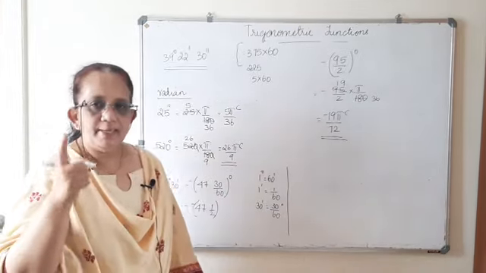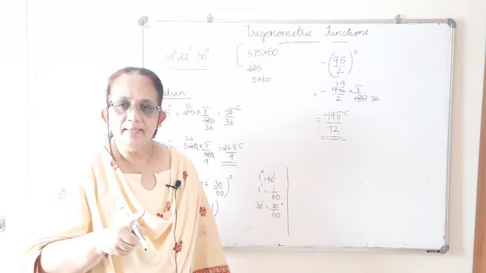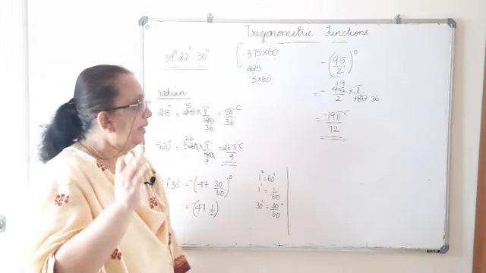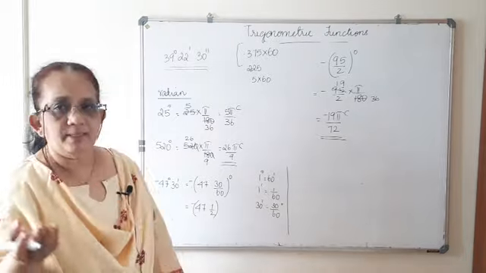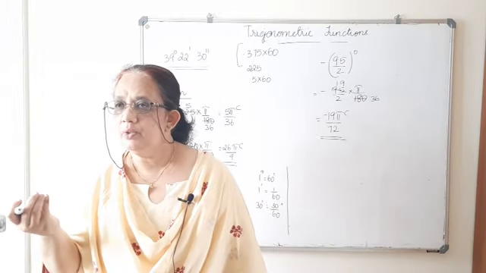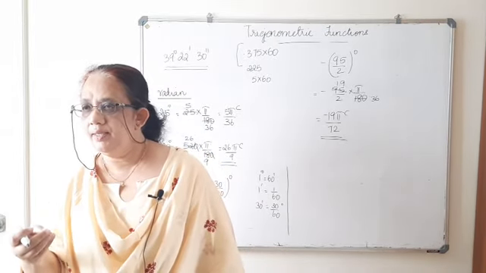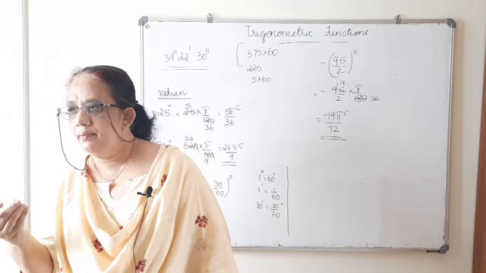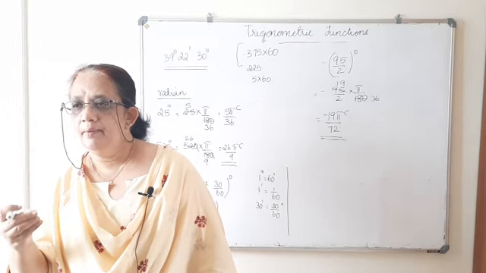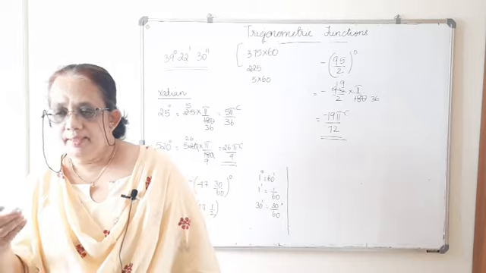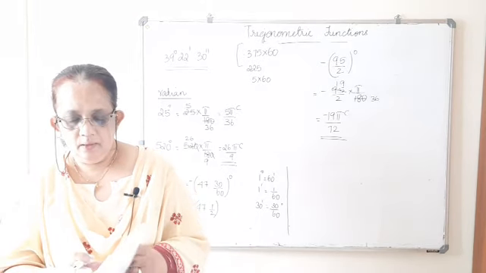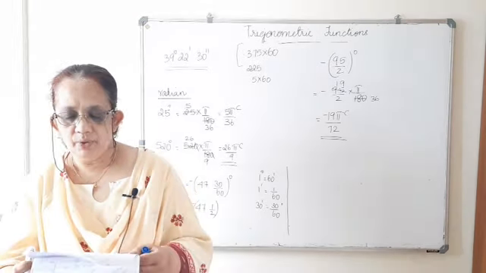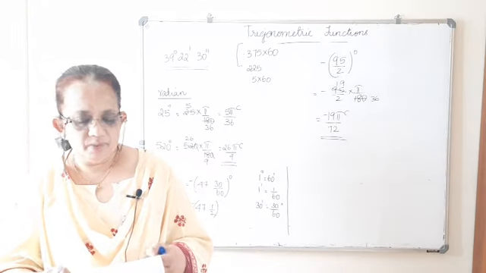That 30 minutes has to be converted into degrees, and then the whole degree has to be converted into radians. How do you convert degree to radians? Pi by 180. How to convert radians to degrees? Multiply by 180 by pi. I hope everything is clear to you, because this is just a revision part for you.